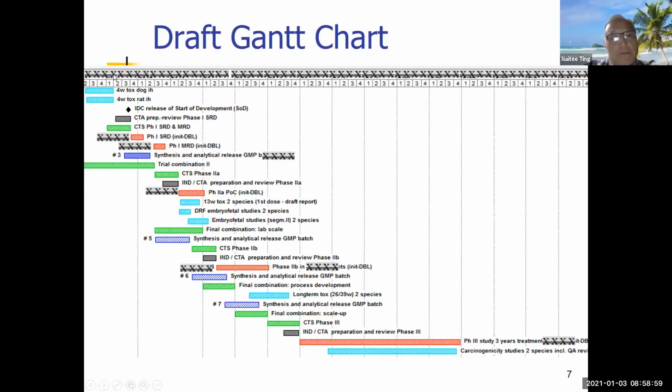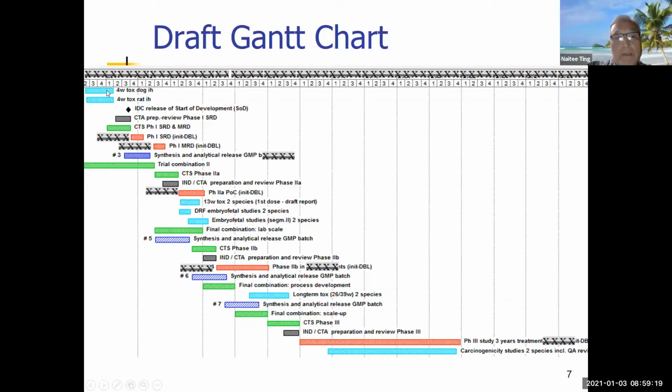So if we're talking about the second quarter of 2021, we're going to engage in a 4-week toxicology study in dogs.